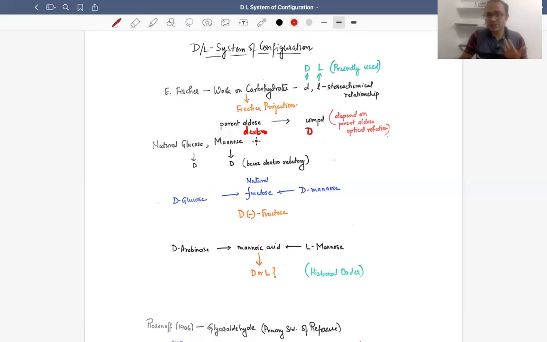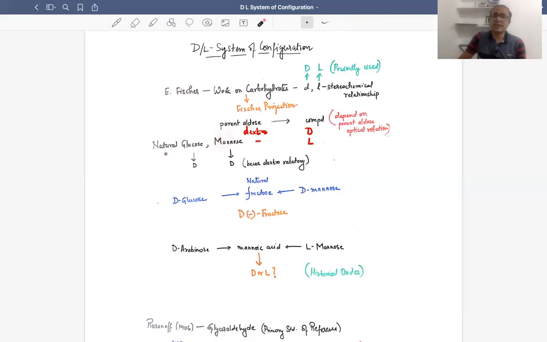Similarly, if you start from a levorotatory aldose, the compound that you will be getting would be belonging to the capital L family. So that was the basis of his assigning the various compounds to belonging to a capital D or a capital L family.